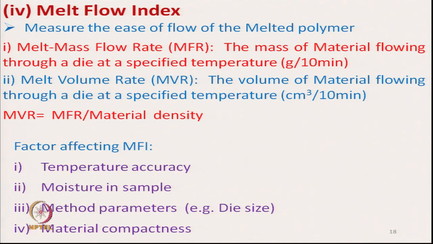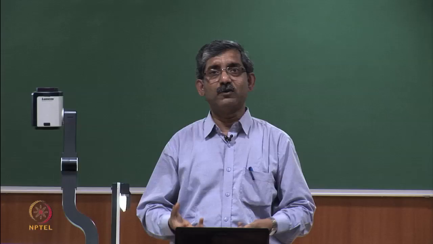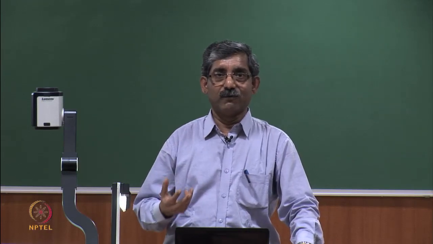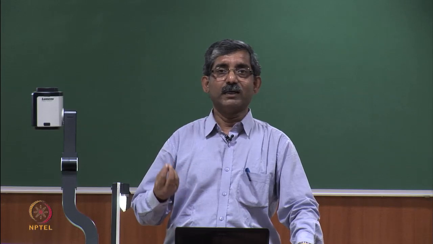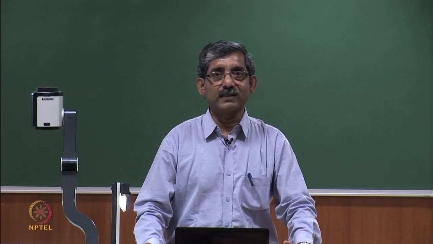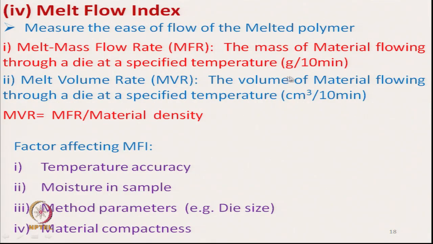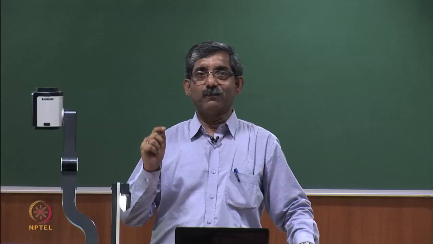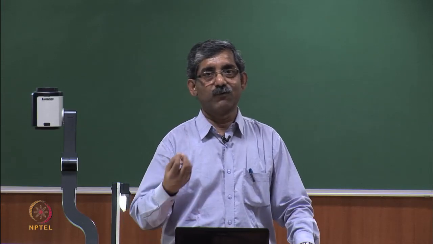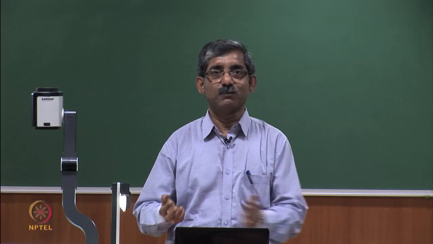So, for a specific die size, it is the amount of molten material flowing per unit time. In general it is expressed in gram per 10 minutes. So, for 10 minutes, how much quantity of molten polymer flows through a die is measured.